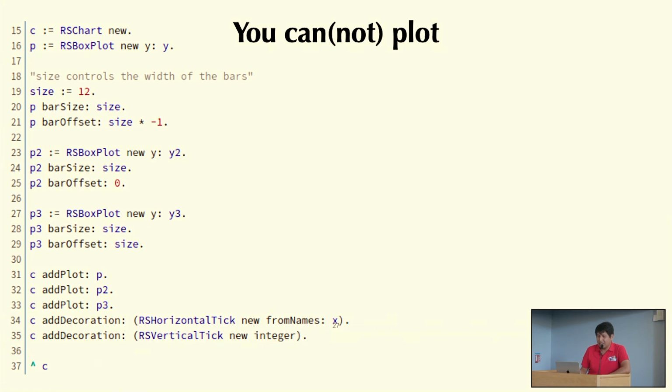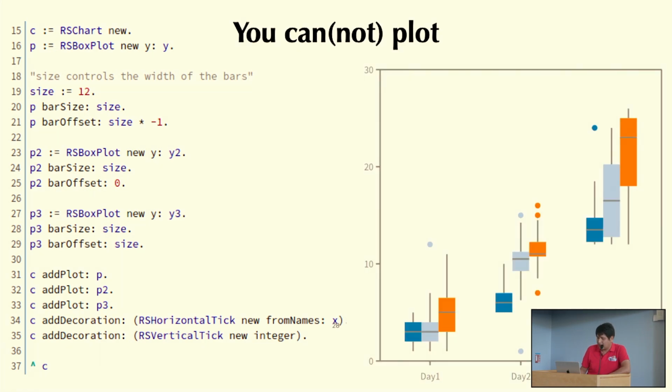As you can see, you cannot select the lines, but from line 19 to line 21, you can see that we have to configure the box plot, sorry. And then from line 31 to line 33, we have to add this to the canvas, and then we can put some interactions and decorations in the canvas. And finally, you are going to have something like this.